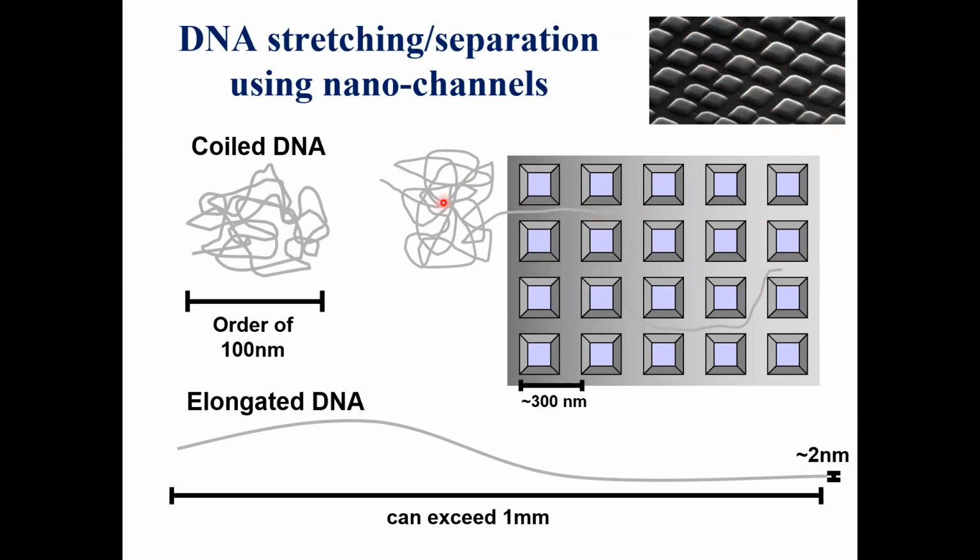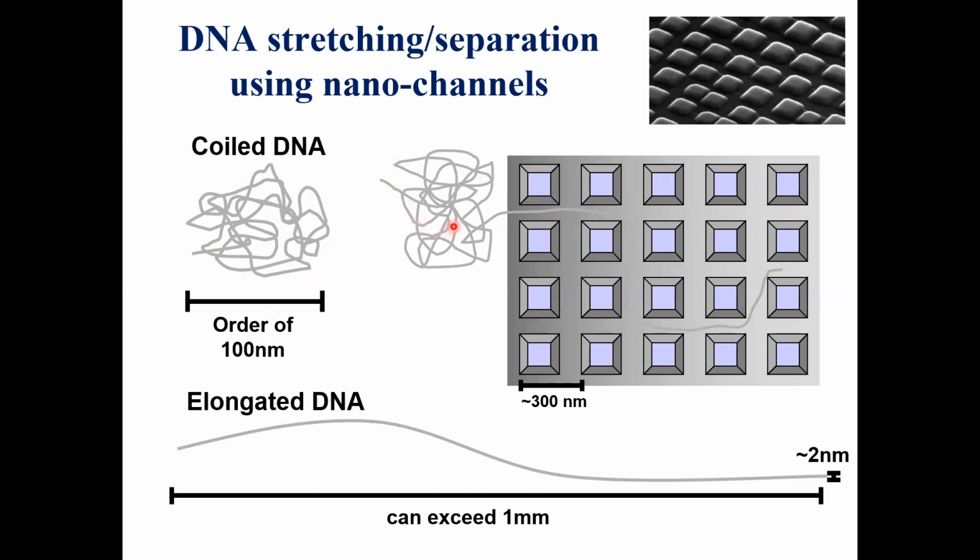So the idea is that if you want to uncoil DNA or sort out longer DNA versus shorter DNAs, you can force the DNA through this channel and get this done. And the channel width is really in the right dimension, hundreds of nanometers, for DNA uncoiling and so on.